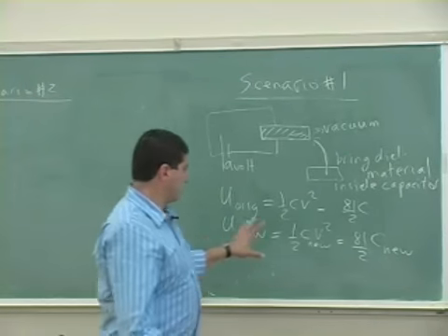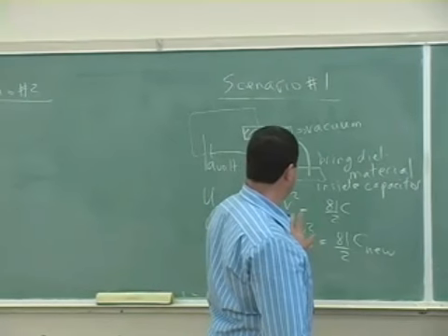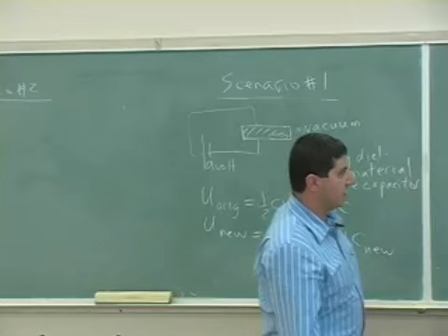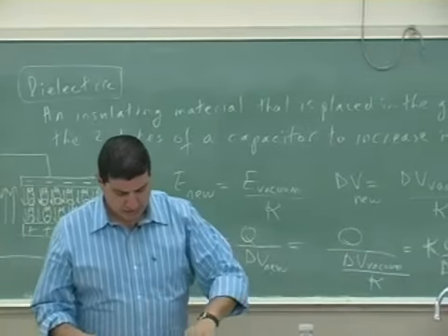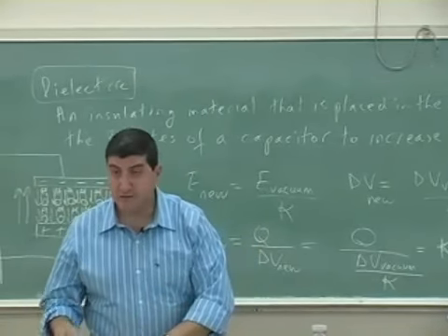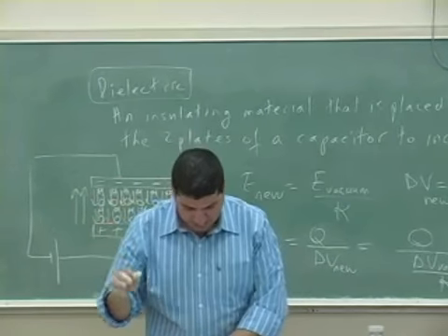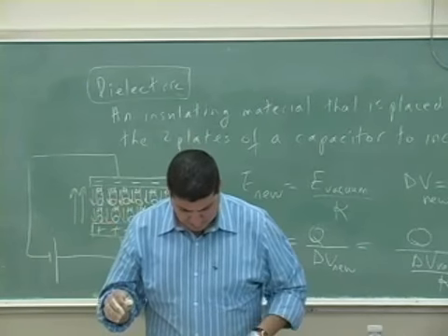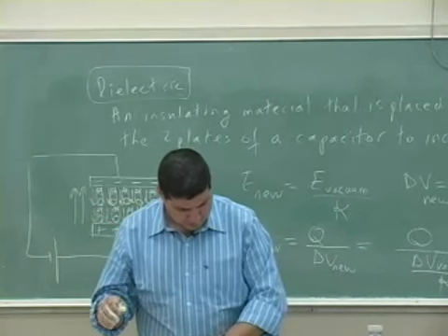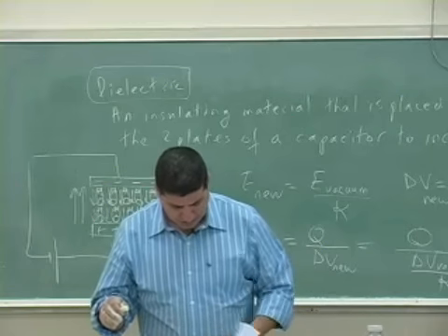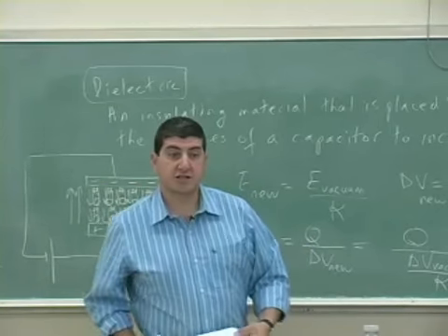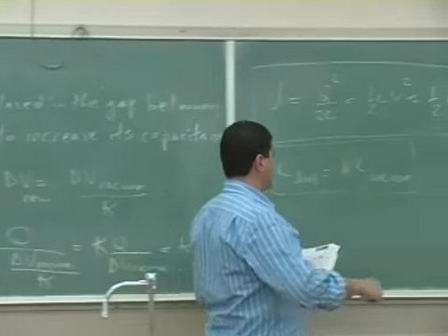By the way, let's just take a 1 minute break from this. Go over to that other table and talk about the dielectric constant of different materials so that you'll have a little bit of an idea. There's a table here in the book. It tells us the dielectric constant, K, of different materials.